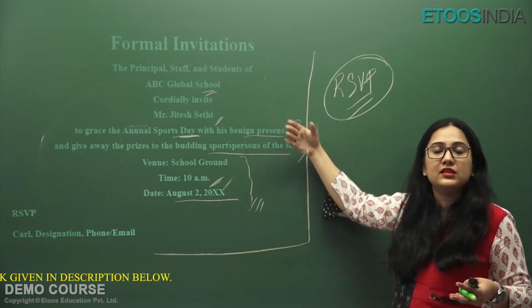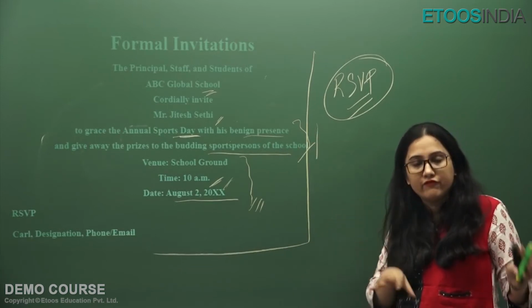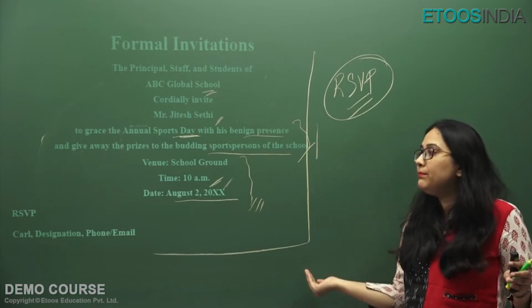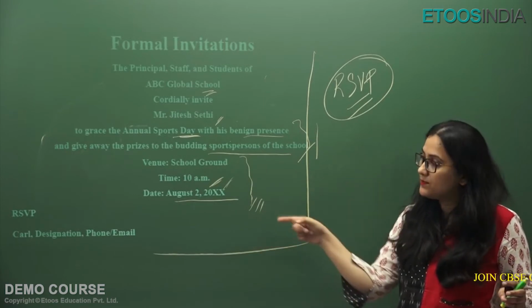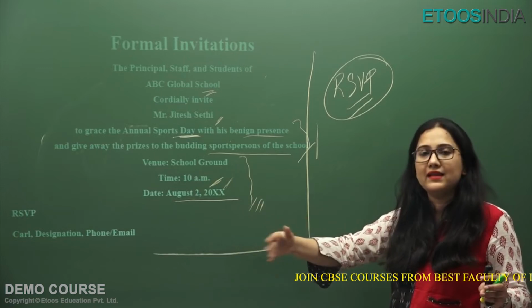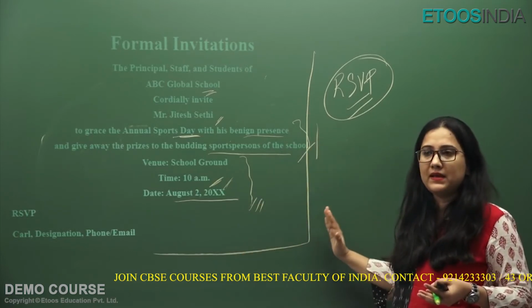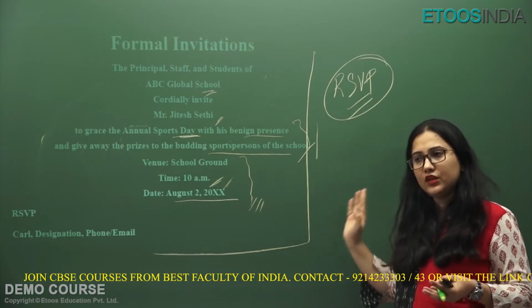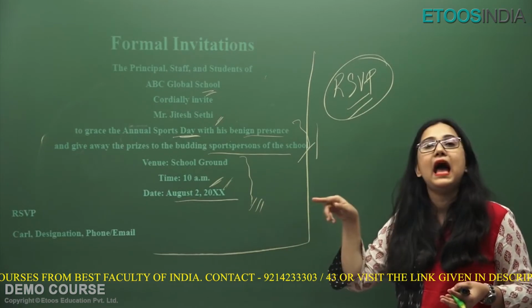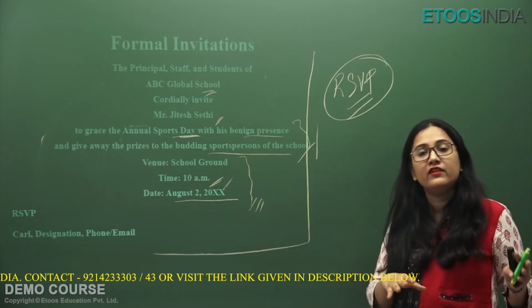Carl's designation is sports secretary, so he is to be contacted. Whether Mr. Jitesh Sethi is accepting or refusing the invitation will be informed to this person called Carl, the sports secretary, with his phone number, address, and email address. Usually, when it is an official capacity in which you are writing, you have to give the school's address and school's phone number, or a number given to you by the school.